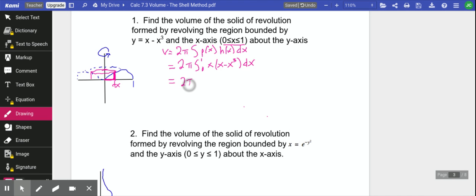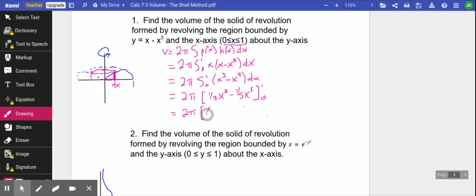So this is going to be 2 pi. I'm going to go ahead and FOIL or distribute that, so we have x squared minus x to the 4th. So 2 pi, we take the antiderivative, and we get 1/3 x cubed minus 1/5 x to the 5th, evaluating from 0 to 1.